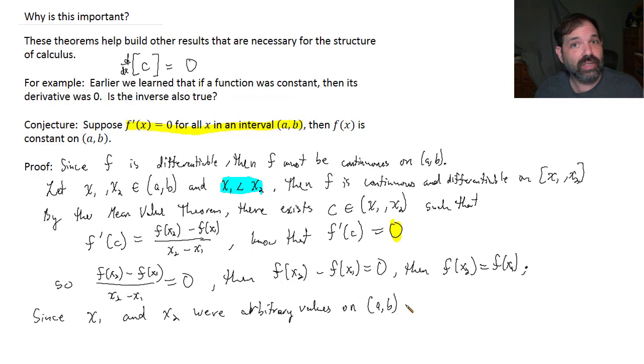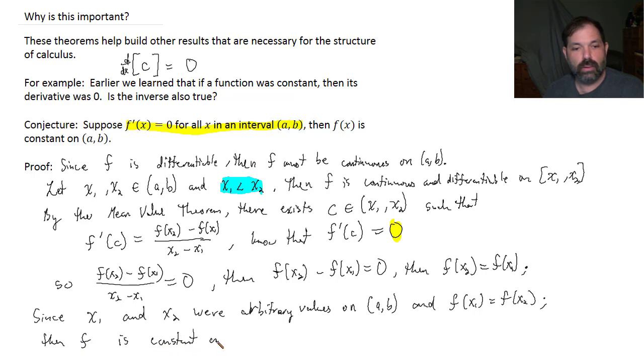And if the function values are all the same, that means that the function must be constant. Since x1 and x2 were arbitrary values on a, b, and f of x1 is equal to f of x2, then f is constant on the interval a to b. So we just proved that if the derivative of a function is 0, then the original function must be a constant.